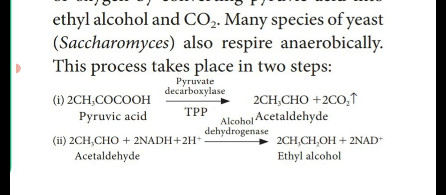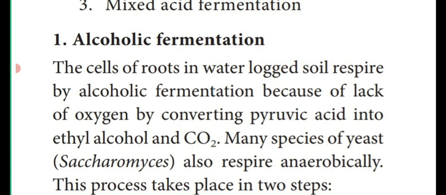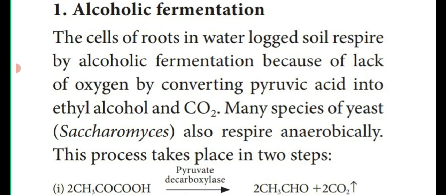Then the second step, this acetaldehyde gets reduced in the presence of NADH and hydrogen, converted into ethyl alcohol and NAD by the enzyme alcohol dehydrogenase. First step takes place in the presence of the enzyme pyruvate decarboxylase. So these are the two steps which take place in the alcoholic fermentation.